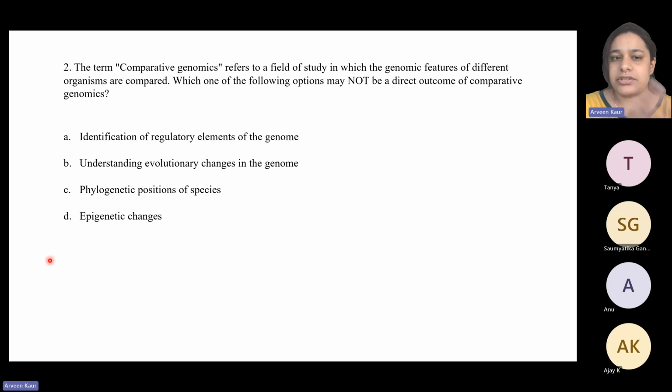So we just discussed what comparative genomics is, what kind of things help us study comparative genomics, and if we do study comparative genomics, what kind of outcomes we get, right? We understood all these prior to this question. So, which one do you think would not be a direct outcome of comparative genomics?